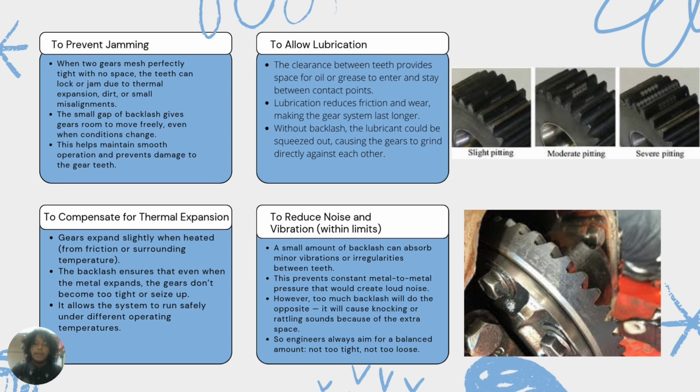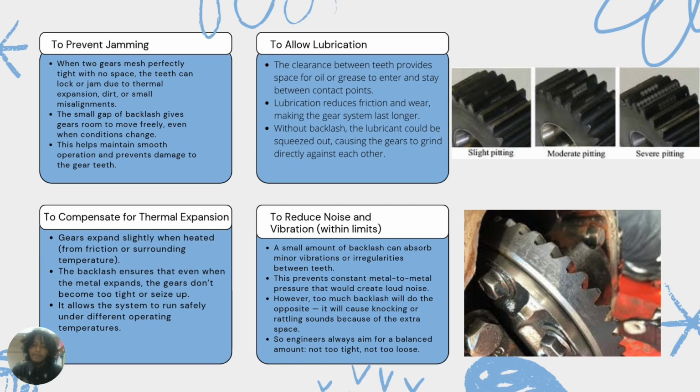The gap prevents them from locking together. And finally, backlash helps reduce noise and vibration within limits. A small amount of clearance helps absorb vibrations, but too much backlash can cause knocking sounds or inaccuracy.